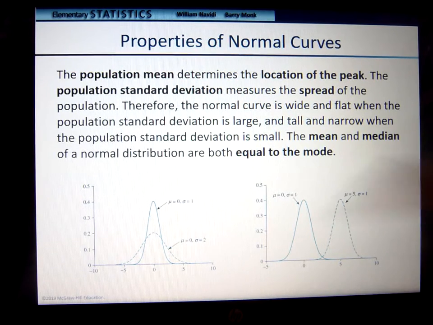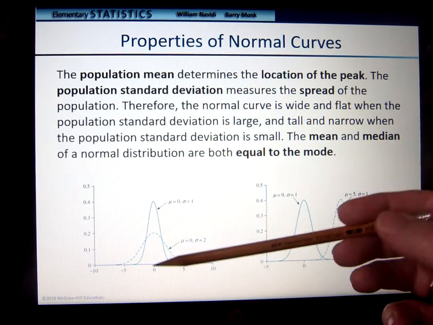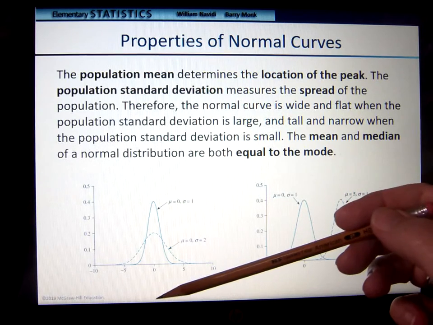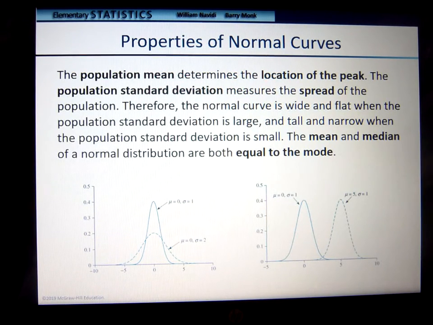The population mean determines the location of the peak of the normal curve, because remember the mean and the median are both in the center. The population standard deviation measures the spread of the population. Therefore, the normal curve is wide and flat when the standard deviation is large, and tall and narrow when the standard deviation is small.